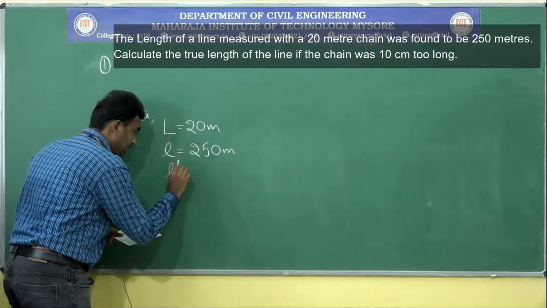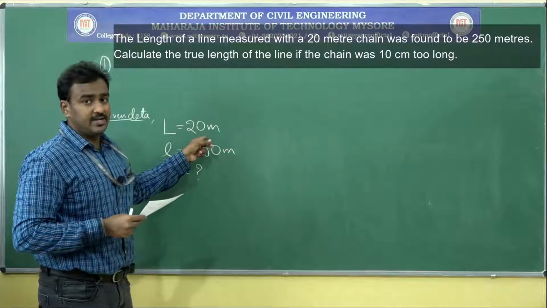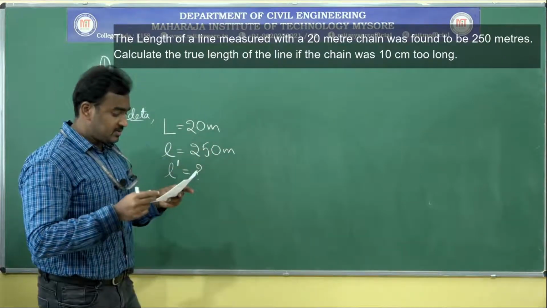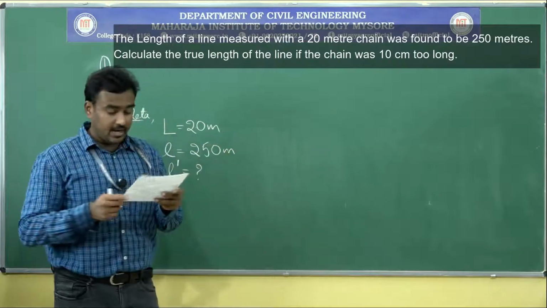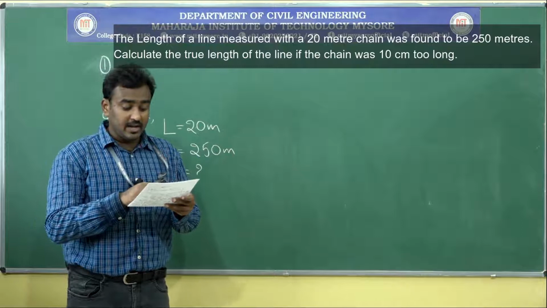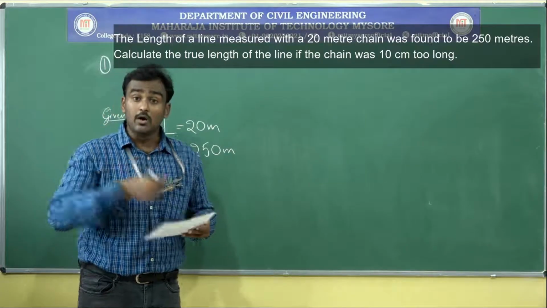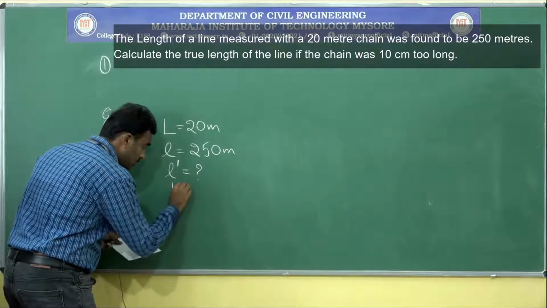Next, calculate the true length. The chain which they have used is incorrect. So let me see what the next given data is that says it is incorrect. Calculate the true length of the line if the chain was 10 centimeter too long. So the chain is 10 centimeter too long.